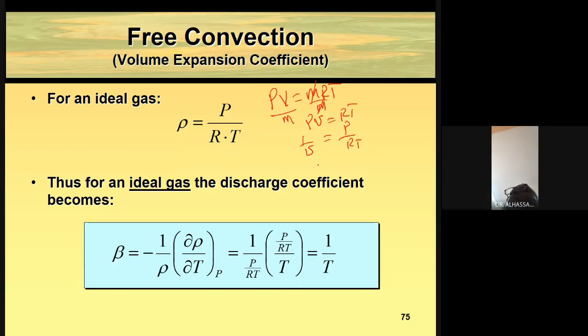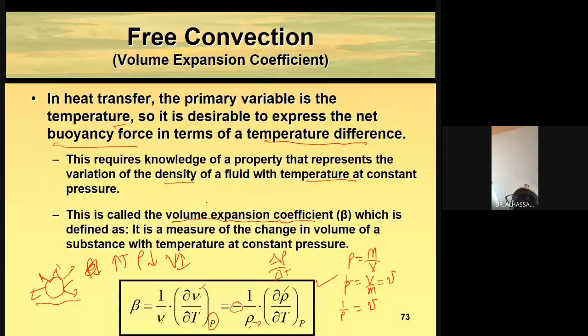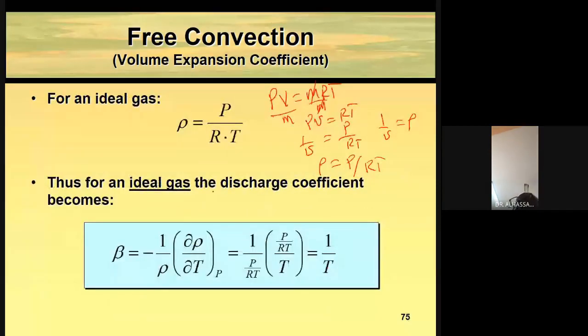I've told you that 1 over specific volume is the same as rho. So we have density equals P divided by R times T. Wherever we see density in this particular equation, we represent it by P over RT. So here, the densities are represented by this equation.